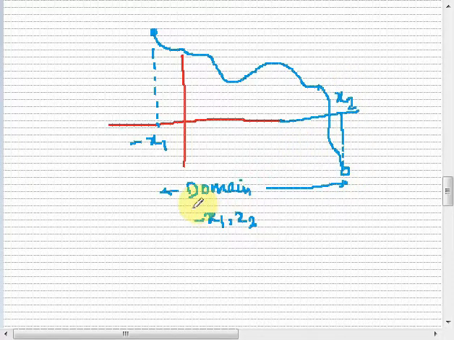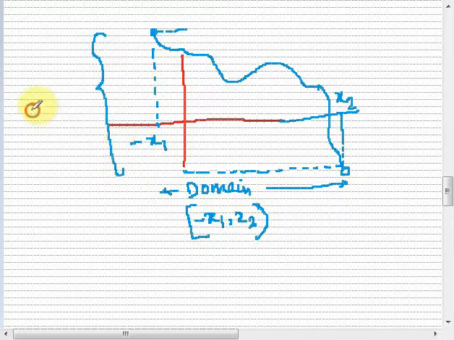As we have discussed earlier, the domain will be: minus x1 is on the graph, x2 is not on the graph. So we draw this kind of bracket. Similarly, what is the range from this graph? This is the range. That is, we want to identify the range and domain from a graph. It can be easily done just by visualization.